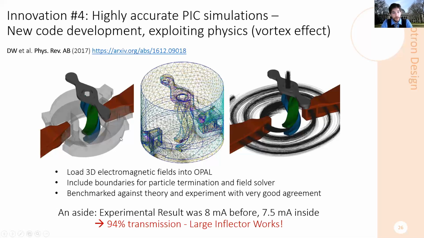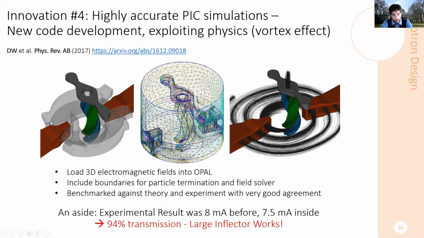And we do this by using the OPAL code. I think all of you probably know OPAL. It's a particle-in-cell code that is hosted at PSI and developed by many people all over the world.